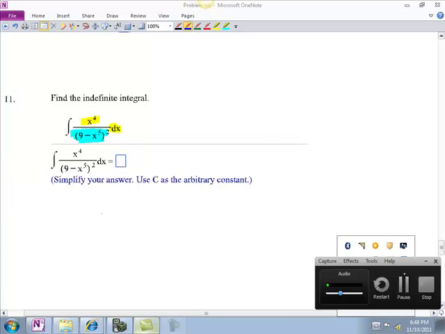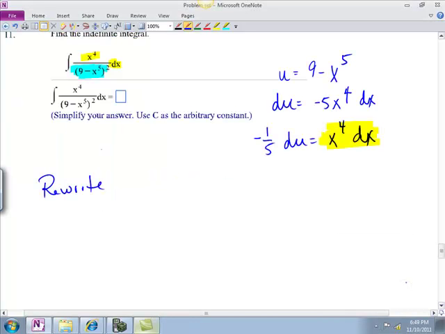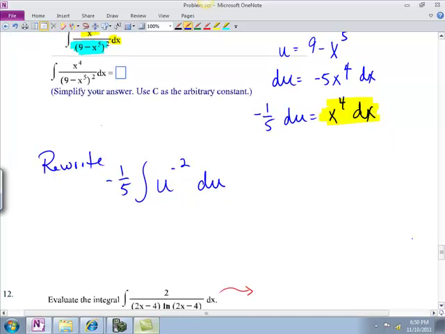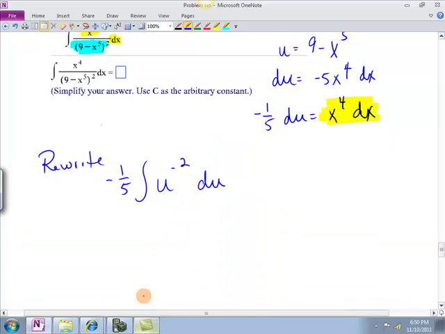You try this one. Okay, so this is probably cool. You got this. How would we rewrite this problem then? U to the negative 2. And why is it u to the negative 2? Because it's on the bottom. Oh, sorry. Yes, look. Good. All right, so the integral of u to the negative 2 is what?